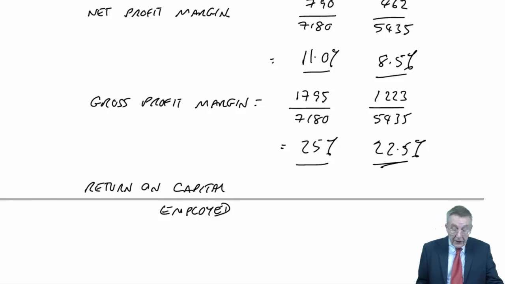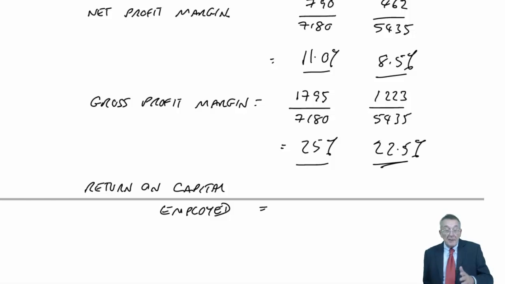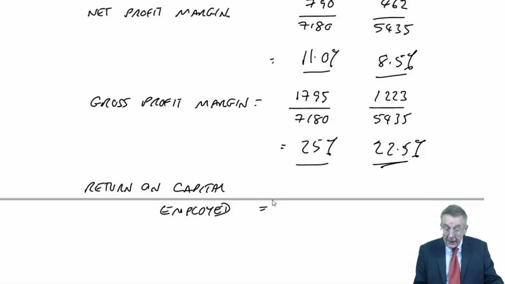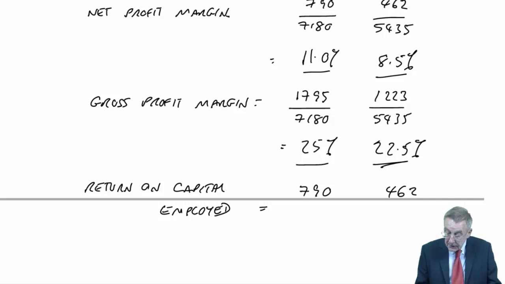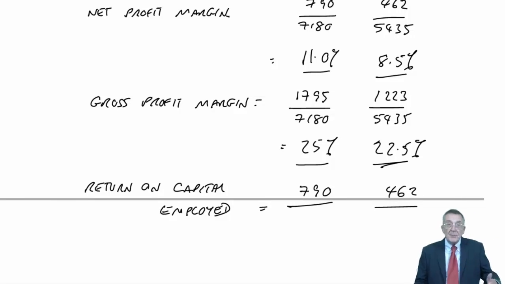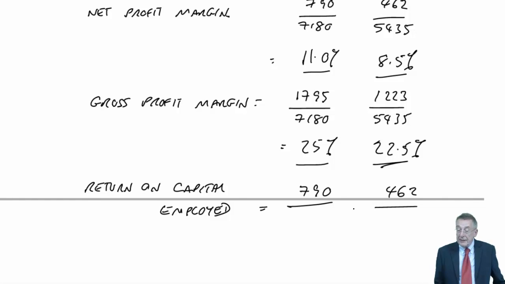Again, I did say I would explain why, and I will shortly, but we take the profit before interest and tax, which we calculated earlier, the operating profit, which is 790, 462. And although we've made higher profit, if there is more investment in the business, then of course you'd be expecting it to generate more profit.